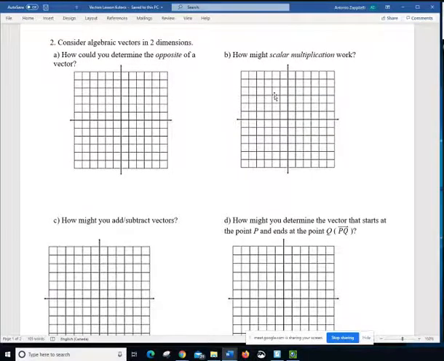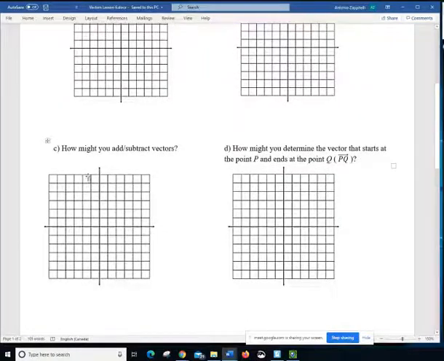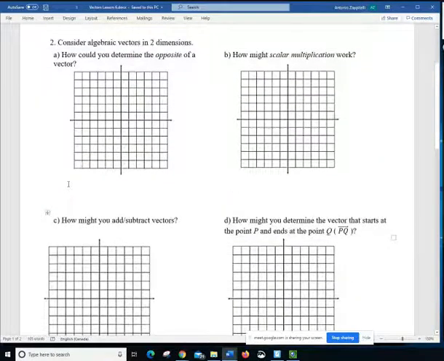But when it came to additions and subtractions, there was a fair bit of work, whether you did that by using sine law, cosine law, or whether you split everything up into components, add up the x components, add up the y components, and then turn it back into a single vector. Again, that takes a certain amount of time. So the hope here is that this new way of considering vectors is going to save us some time, especially when it comes to addition and subtraction, which is often what we're doing with vectors.